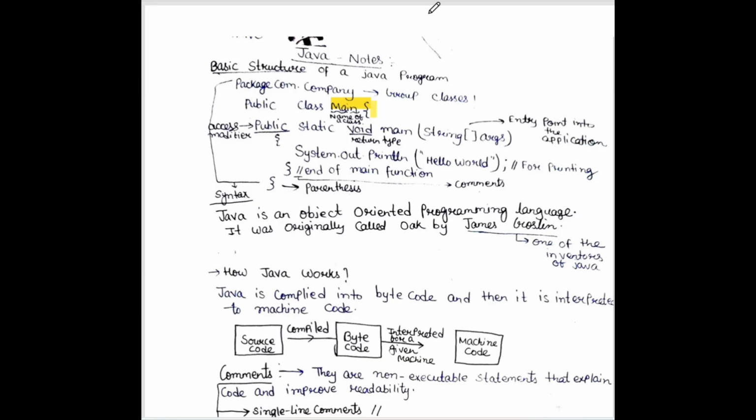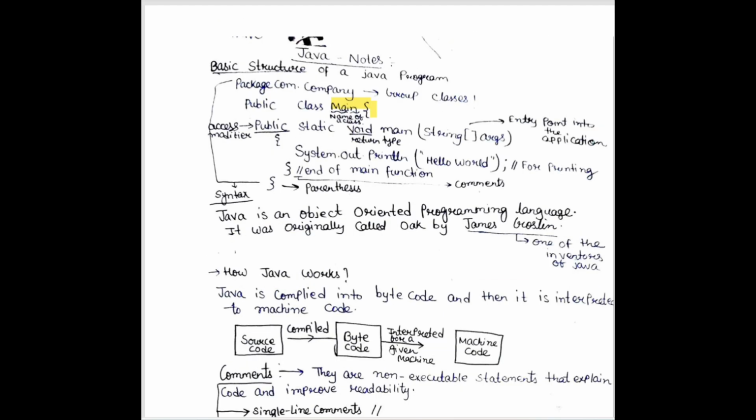See, suppose the class name is main. I want to write Java and I have given a space here: main Java. Not acceptable. Space is not allowed. Instead, you can use the underscore sign or you can use a dollar sign.